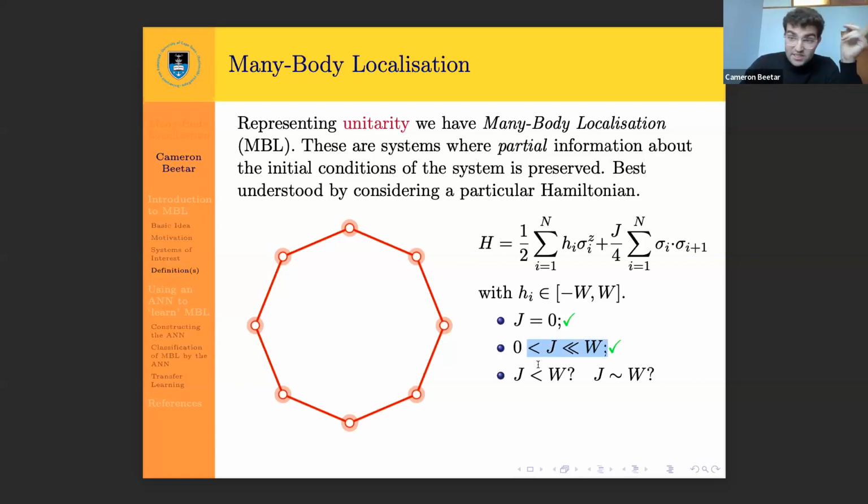Where the system gets interesting is where the disorder parameter and the coupling constant between these become roughly relatively the same strength. And it's in that regime where you can no longer use perturbation theory, and you want to ask the question there of who wins between thermalization and unitarity.